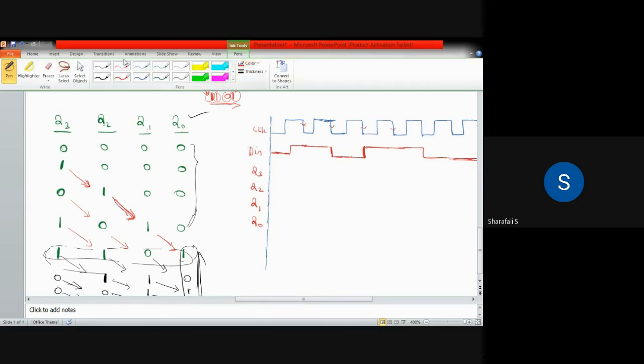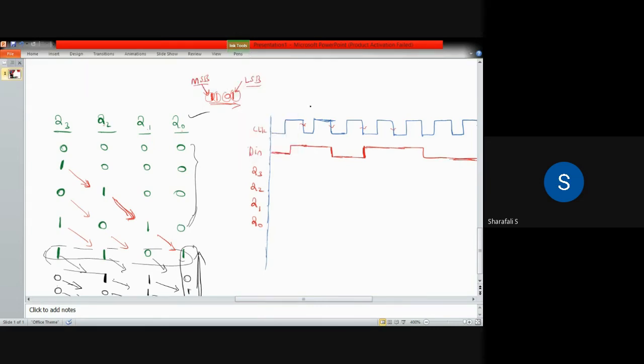So this high state means this is 1, this is 0, this is again 1. So in the first state, we have the clock pulse, and here we have 1. So at that time, Q3 is going to become 1 at this first stage.